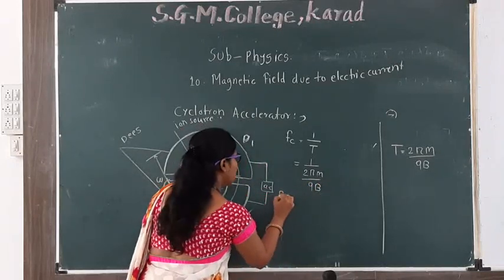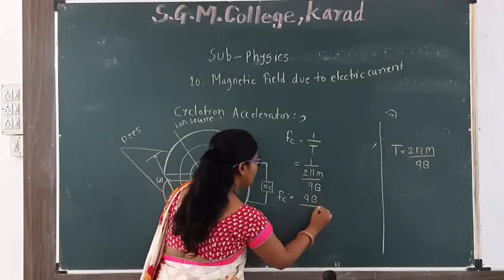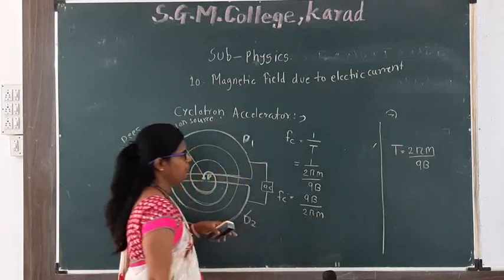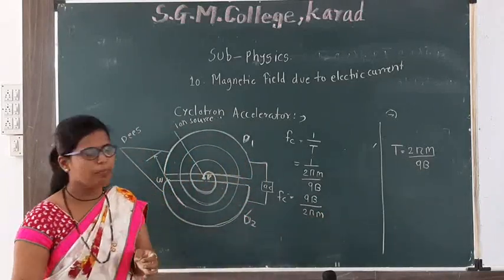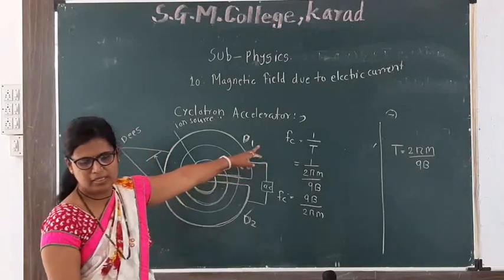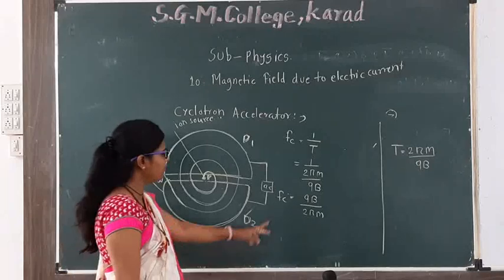Then Fc is equal to QB upon 2 pi m. This is the cyclotron formula.